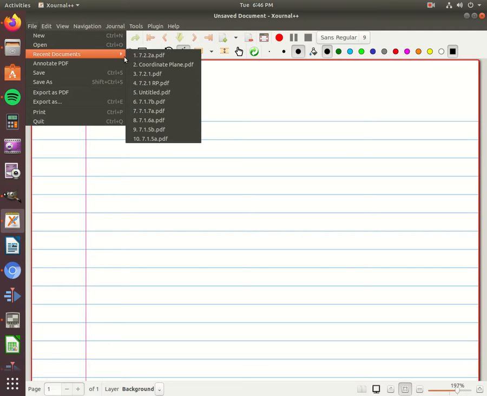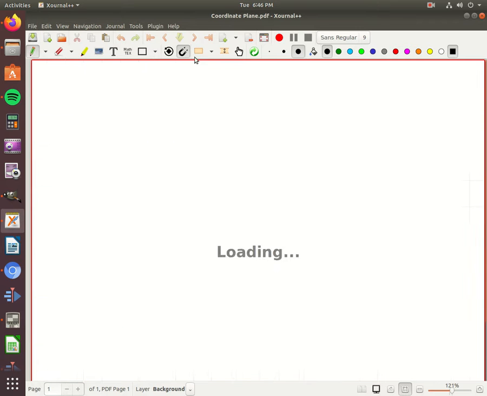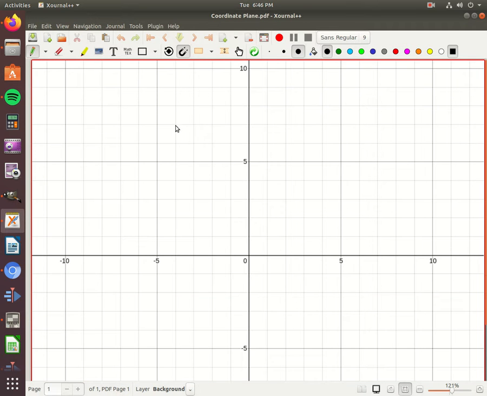So on this one, I want the regular coordinate plane, I believe. So A was 0,0. B was 2,6. And C was 7,0.